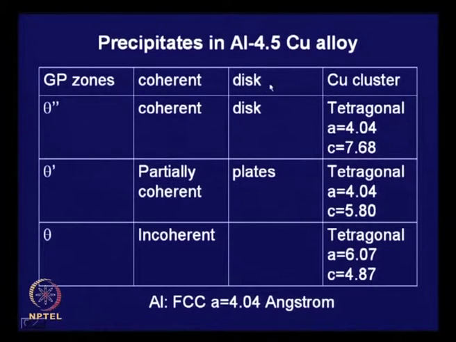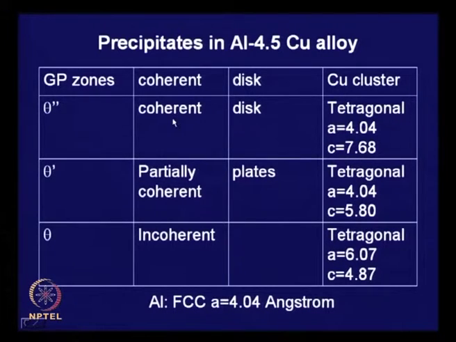Why is it so? Because in one direction only the lattice parameters will be matching, in the one plane only. So, if it tries to grow perpendicular to the plane, it loses coherency. Therefore, it will be restricted, and the shape will in most cases be a disc or thin plates.